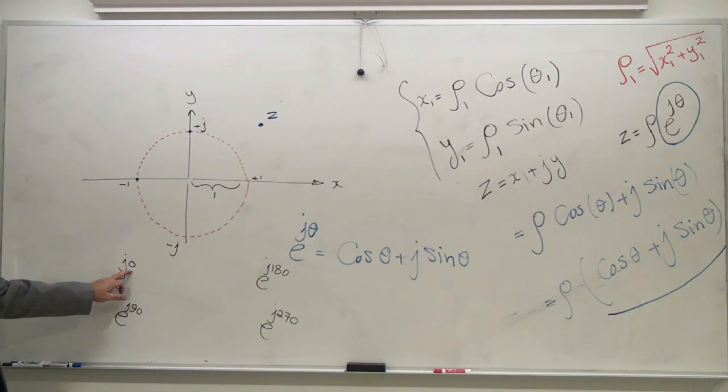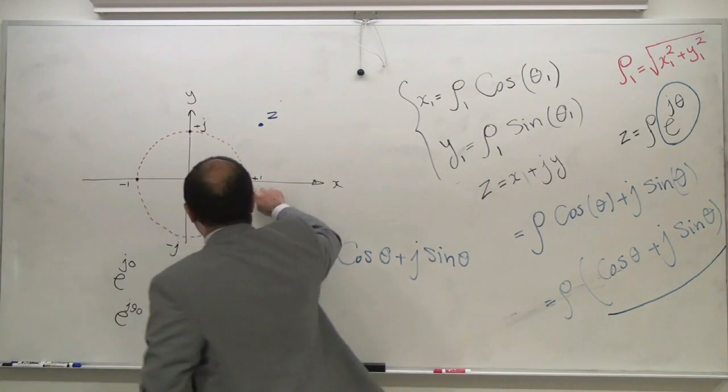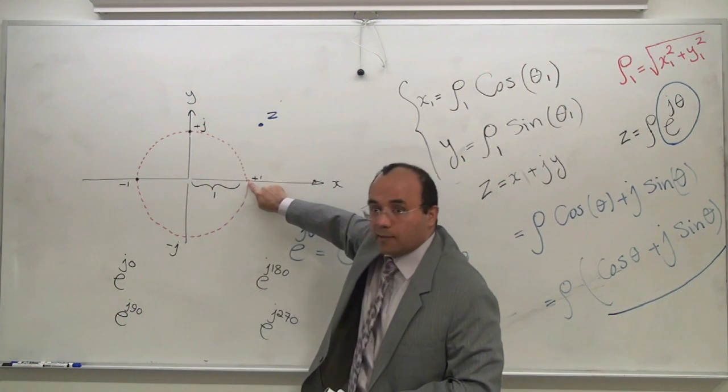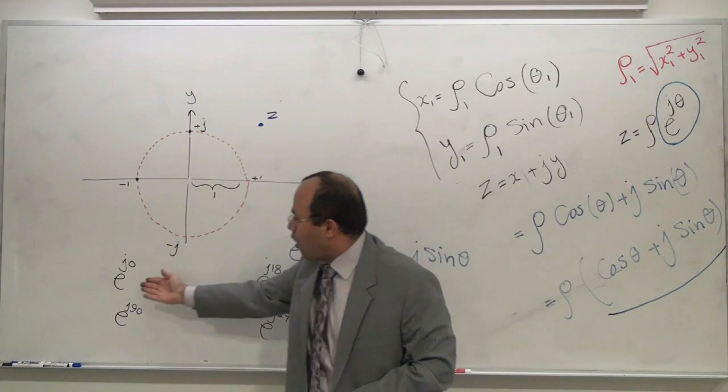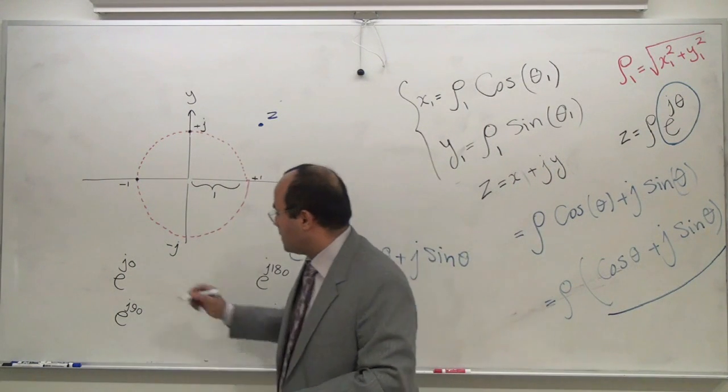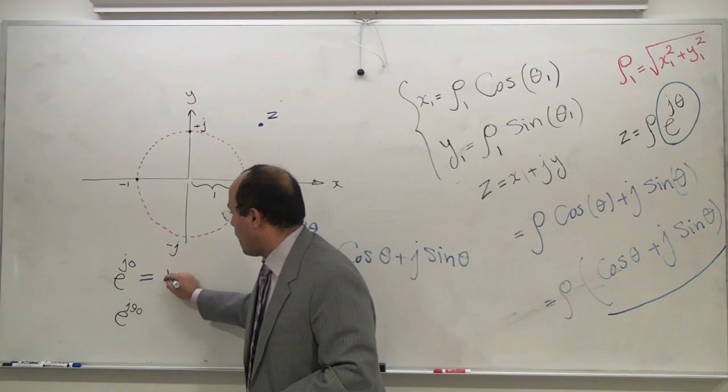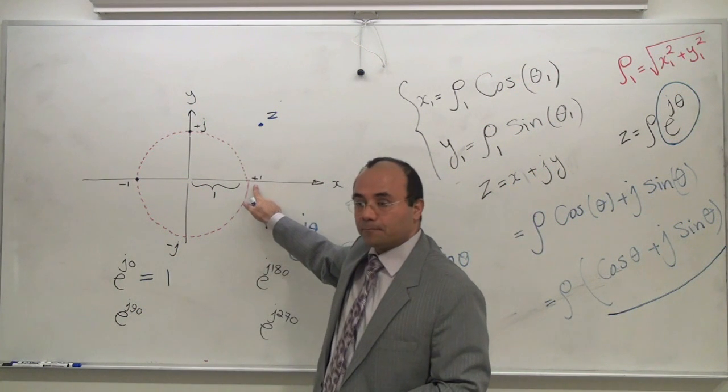E to the power of j0, the amplitude of e to the power of j theta, generally speaking, is 1. So e to the power of j0 is actually pointing to this point. The amplitude is 1, the angle is 0, so how much is this in real sense? This is going to be equal to 1, this point.